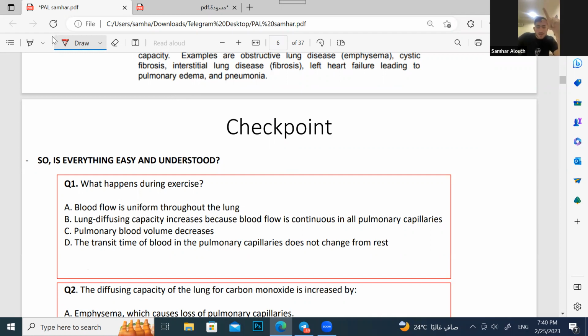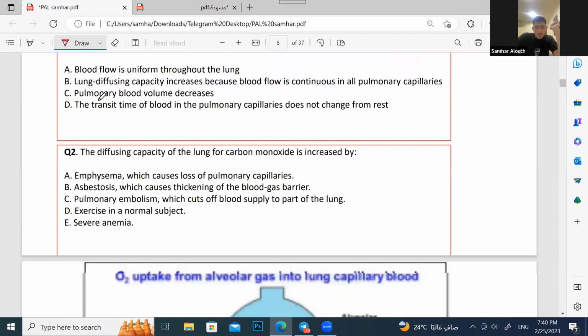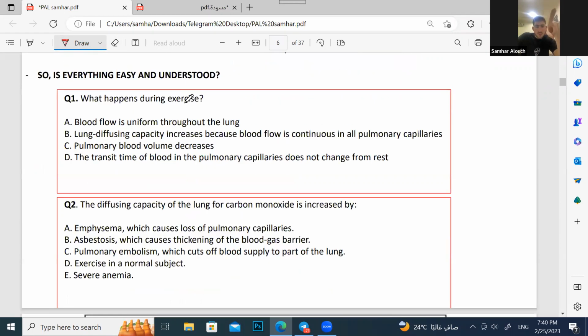Okay, let's start by solving the questions. We have two questions, right? What happens during exercise? Blood flow is uniform through the lung. Lung diffusing capacity increases because blood flow is continuous in all pulmonary capillaries. Pulmonary blood volume decreases. The transit time of blood in the pulmonary capillary does not change from rest. Which one?